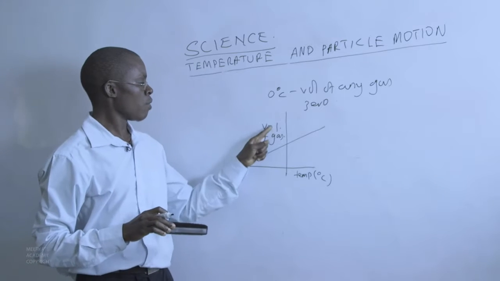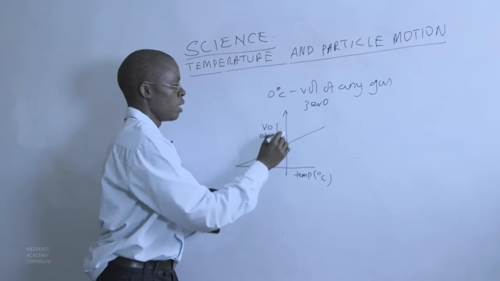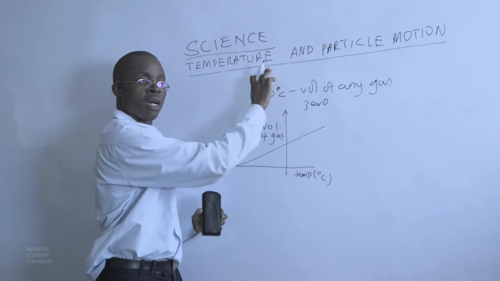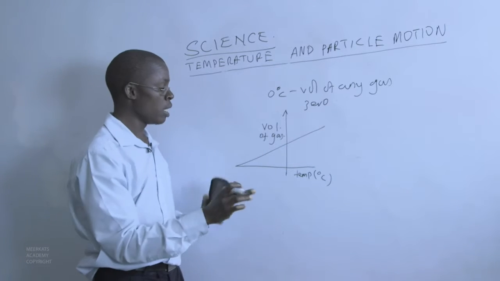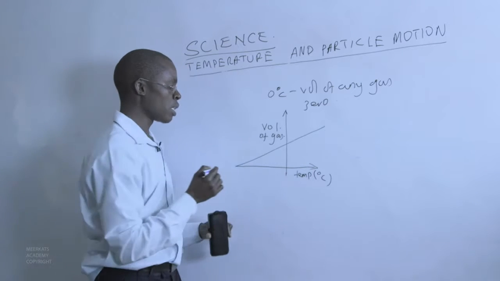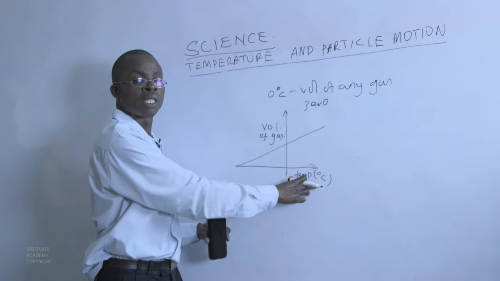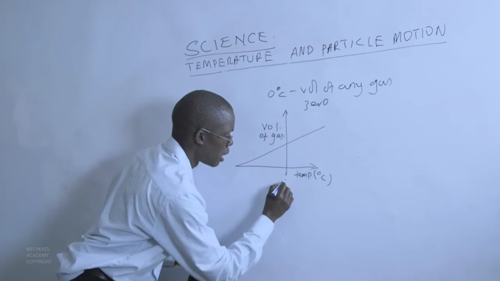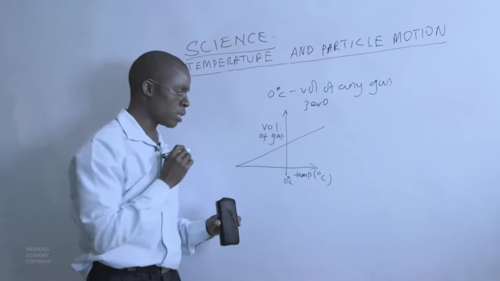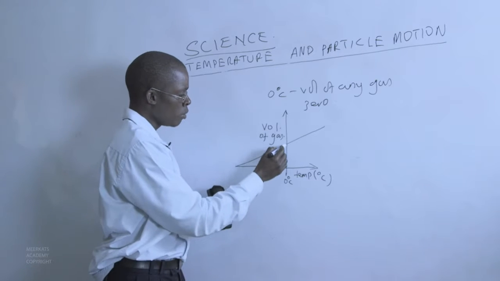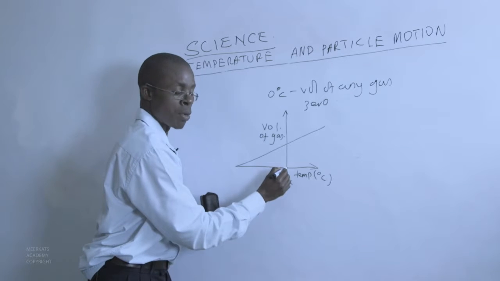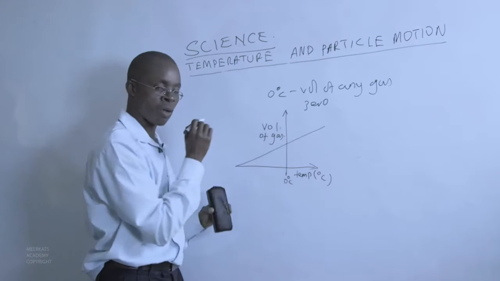So we are having volume of gas. It can vary from 0 to any figure up there, depending on the temperature. And here we have variation in temperature, but using the Celsius scale. So at 0 degrees centigrade here, you can see the volume is not zero, because zero is at this point, but we are way above 0.